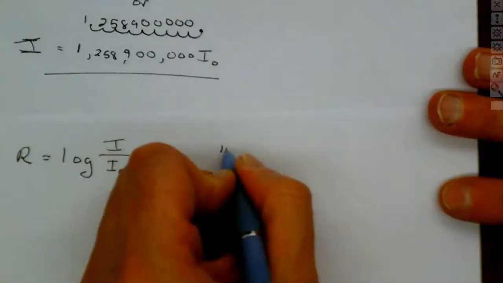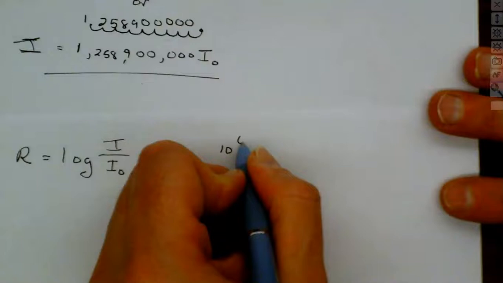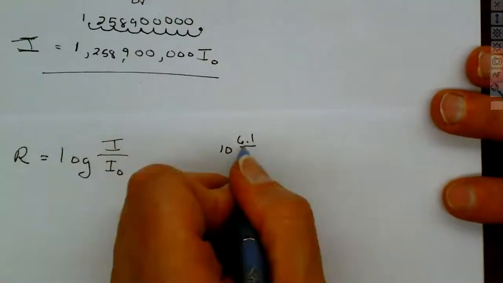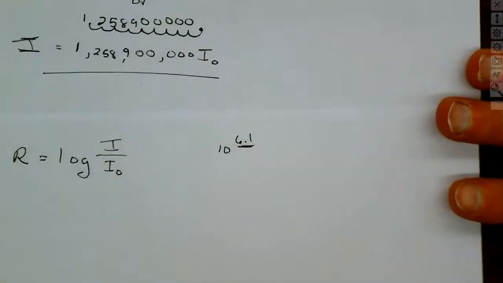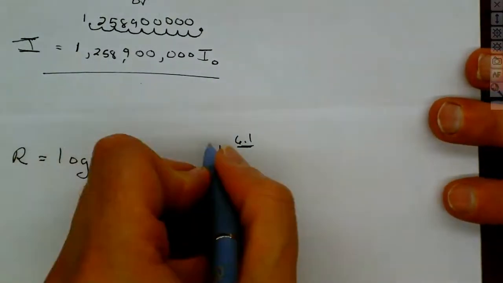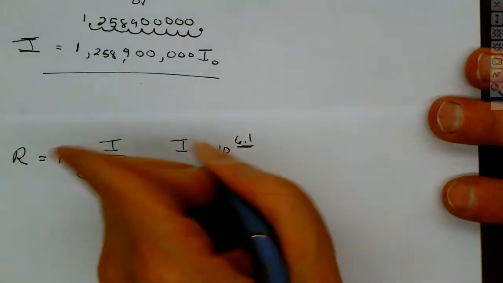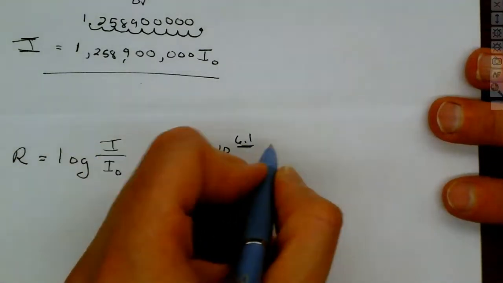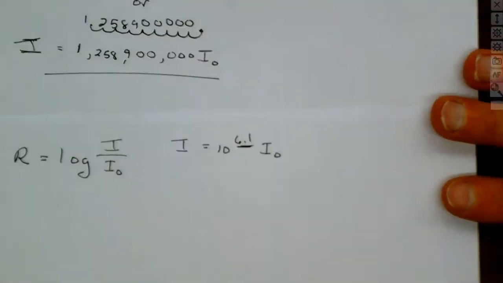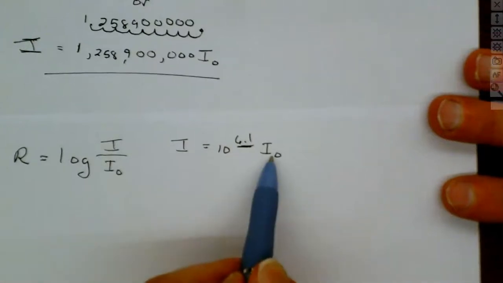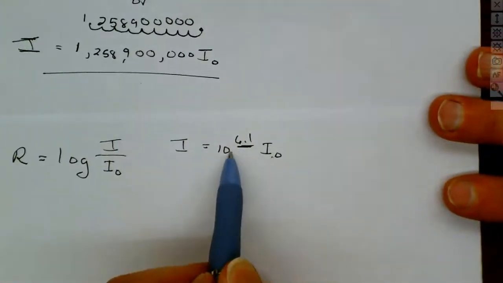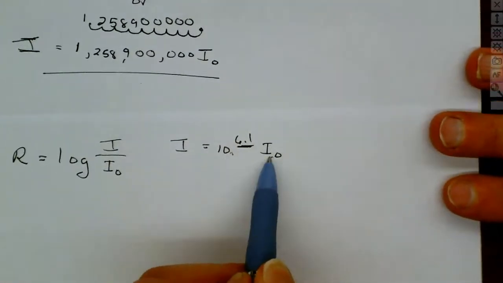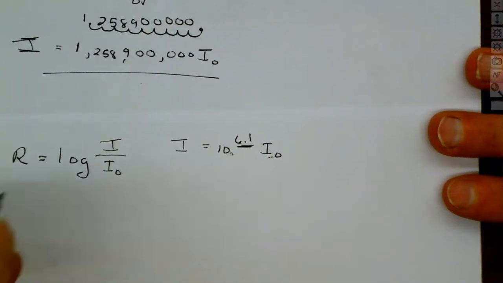Now, we know that this earthquake is 10 to the 6.1 times as powerful, right? So that is going to be represented by the I. So I is 10 to the 6.1 power I naught. I naught is just the reference. So it's this number, which is huge, times I naught. So it's this much more powerful.